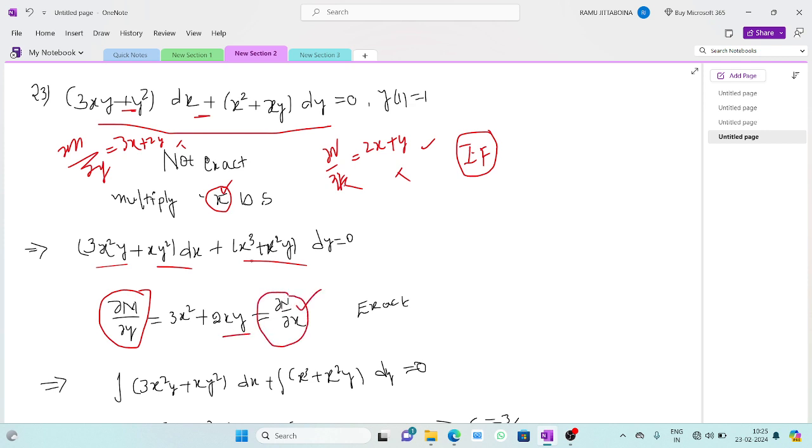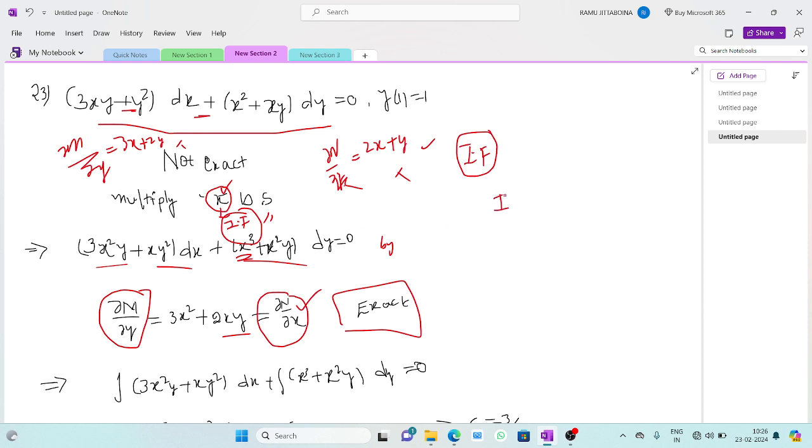So this differential equation becomes exact by multiplying by the integrating factor. When the differential equation is not exact, if you multiply with the integrating factor, it becomes exact.